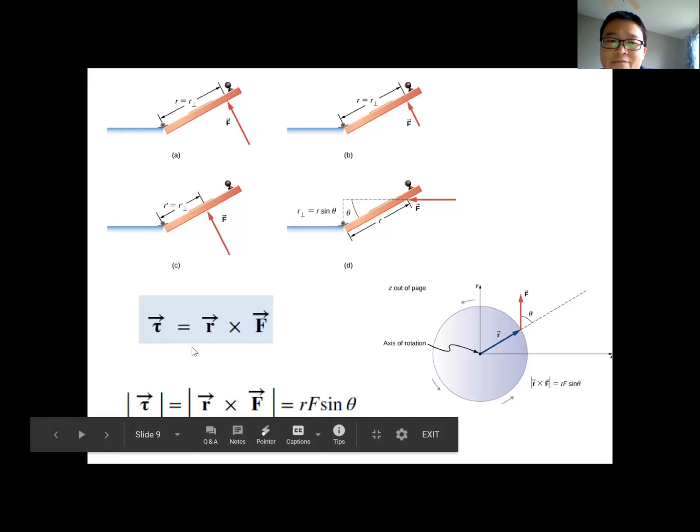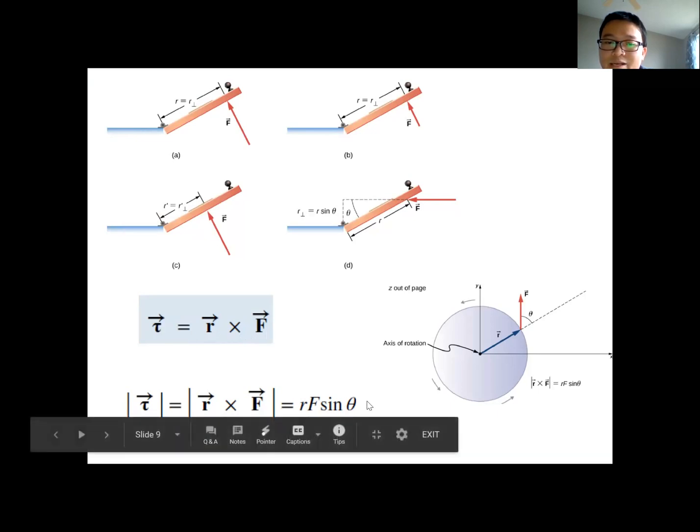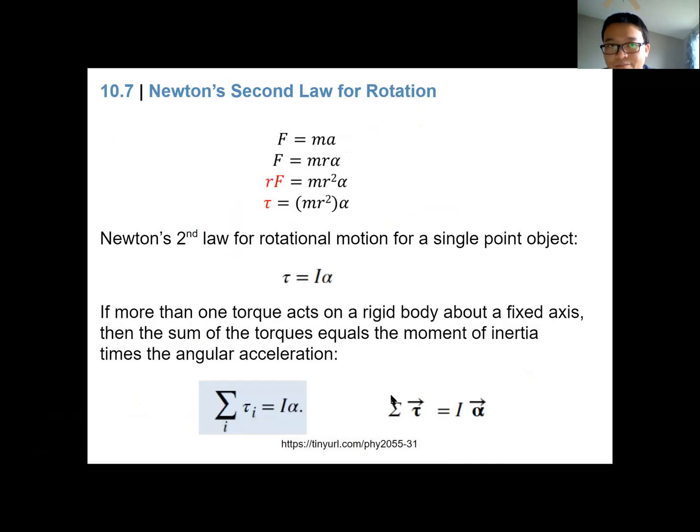Now, this is a vector form, so the direction of tau is determined by the cross product of the R vector and F vector. You can use the right-hand rule to determine the direction. We'll be focusing on the magnitude today.